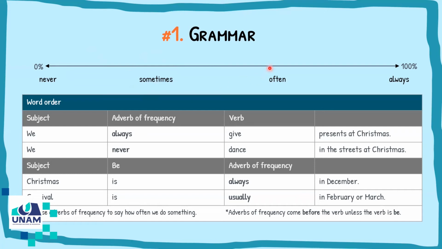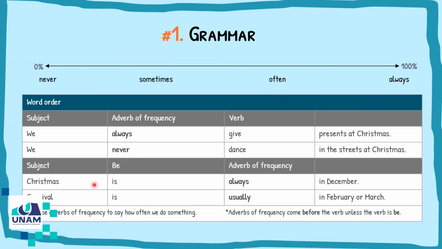Luego tenemos often, que es frecuentemente, o también a menudo. Pero se dan cuenta de que la probabilidad de hacer esta actividad es mucho mayor que sometimes o never, ¿ok? Often, a menudo. Y ya always, que significa siempre, ¿no? Yo siempre tomo mi desayuno en la mañana. Es una actividad que siempre la haces.